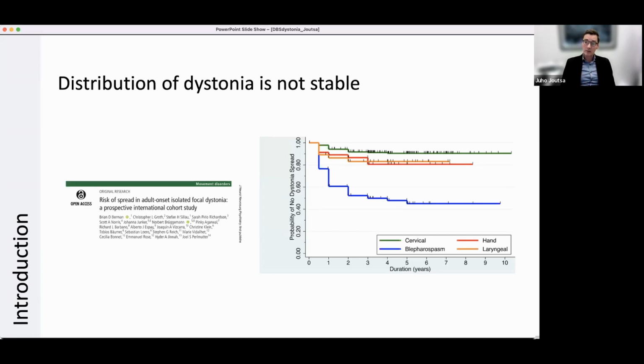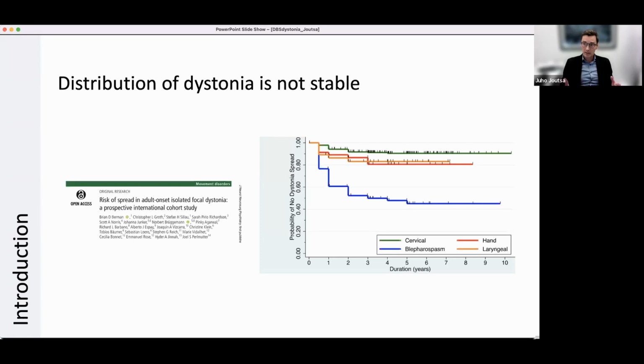But still, there are also differences between different dystonia types, even in terms of which part of the body is affected. Some dystonias tend to spread more often than others. Some are more often associated with sensory trick. Some are characterized more by positive ethanol response and so forth.